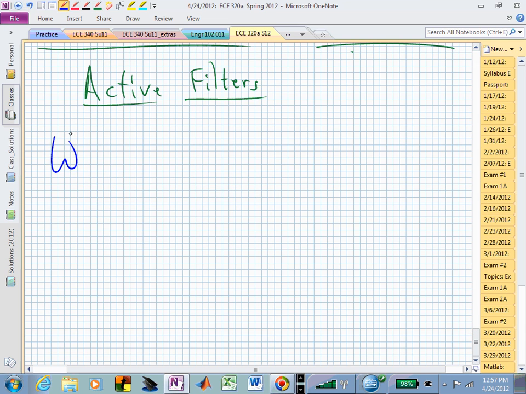And now let's pretend we are 2 years old. Why? Why do we want to work with active filters? One is we can actually implement these or provide implementations that do not contain any inductors.